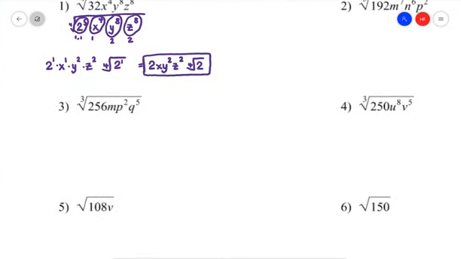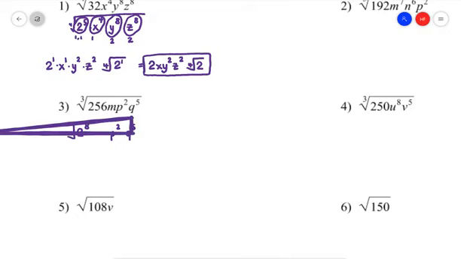Then on number 3, now we have an index of 3, so we're going to be taking out anything that has a power of 3 or more, and of course we're going to find the prime factors for 256, which the calculator tells me is 2 to the 8th power, and we have an m, a p squared, and a q to the 5th power.